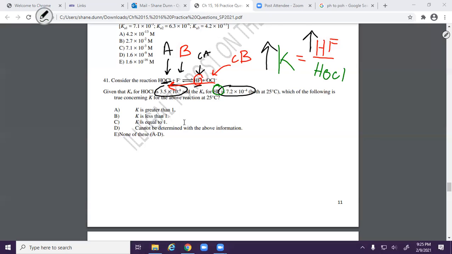Is it going to be greater than 1? Is 1 a big number? Okay, no. So it's going to be greater than 1, not less than 1 and not equal to 1. So it's going to be A. That's what's trying to trip you up right here. Cool.